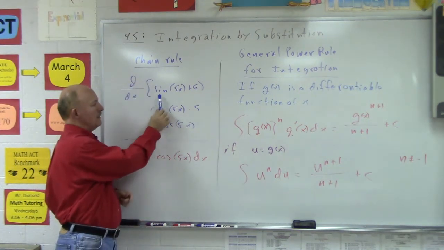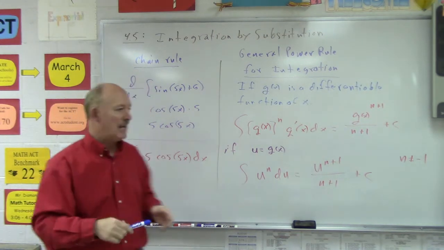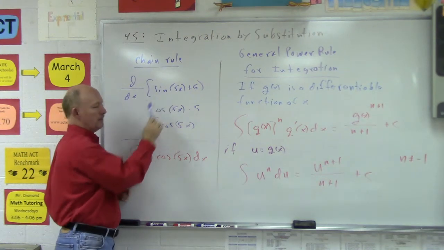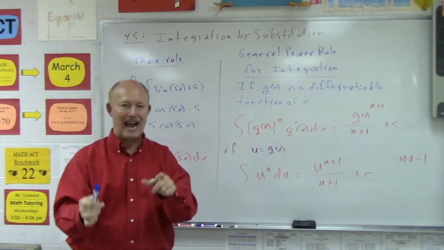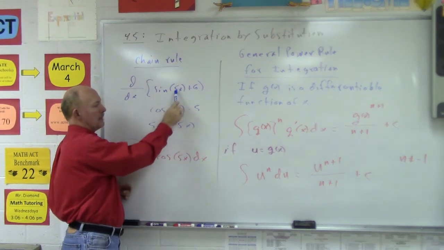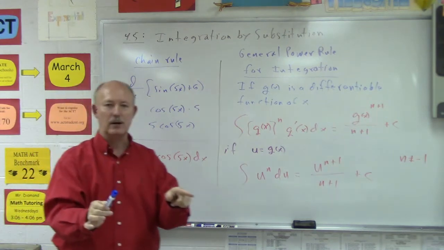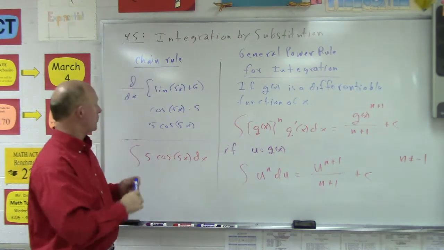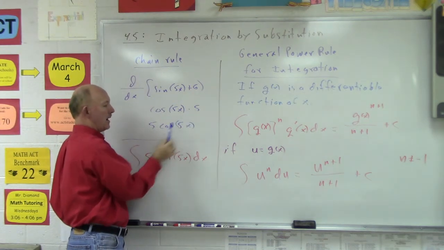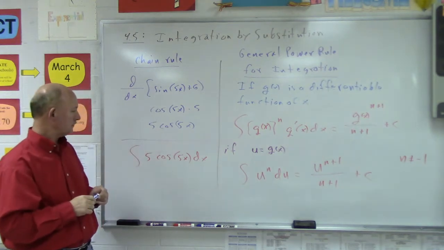The derivative of 6 is 0. The derivative of sine is cosine, so the derivative of sine 5x plus 6 is cosine 5x times 5, or 5 times cosine 5x.